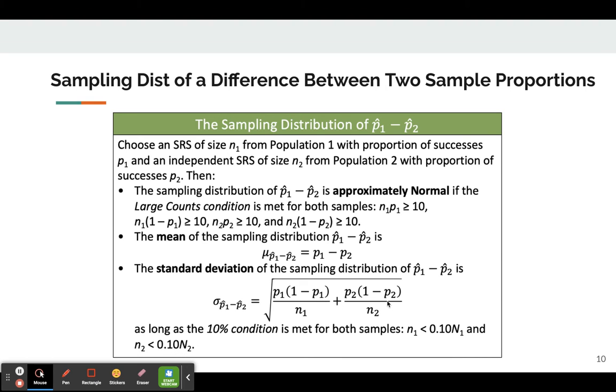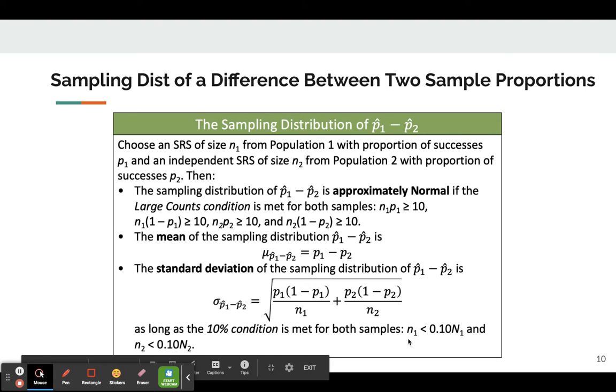It's never minus. Always plus. And so this is also true if the 10% condition is true for both populations and both samples, right? We need sample size 1 to be less than 10% of population size 1, and sample size 2 to be less than 10% of population size 2. A lot of words there.